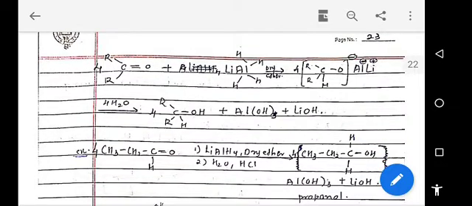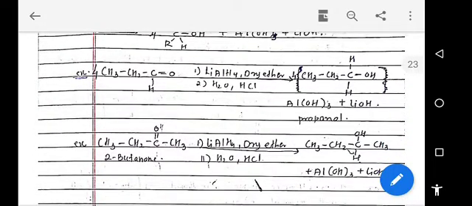One thing to remember: whenever an aldehyde or ketone reacts with lithium aluminum hydride, reduction takes place, and the product of reduction is always alcohol. In Hindi we can say lithium aluminum hydride is the daru ka thekedar, meaning it converts aldehyde and ketone into alcohol, for understanding only.